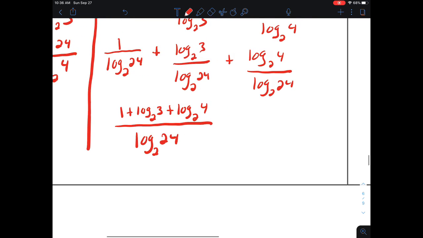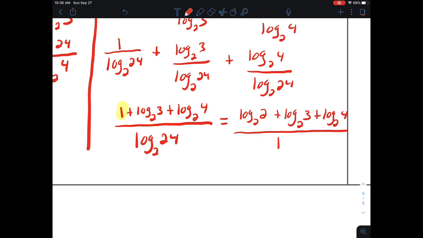Well, we're going to continue to use some properties of logarithms here. So first thing I'm going to do is rewrite this 1. 1 is the same thing as log base 2 of 2. And then I have plus log base 2 of 3 plus log base 2 of 4 all over log base 2 of 24.